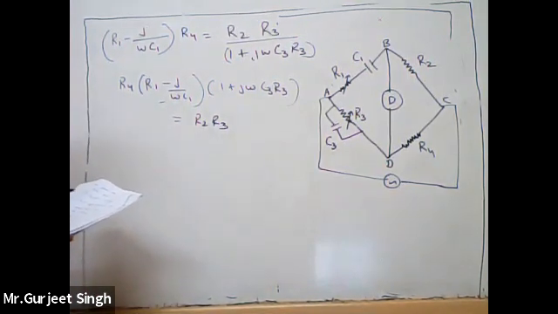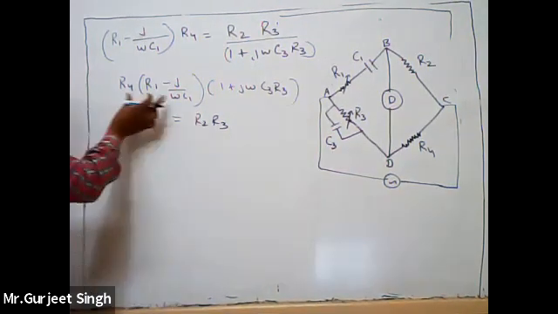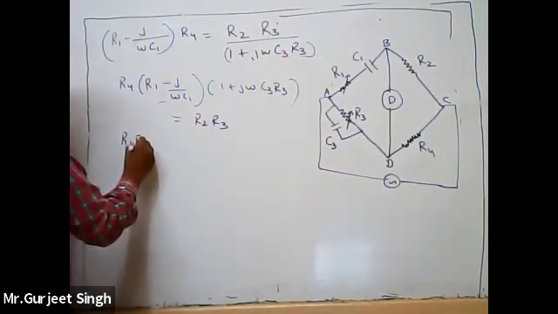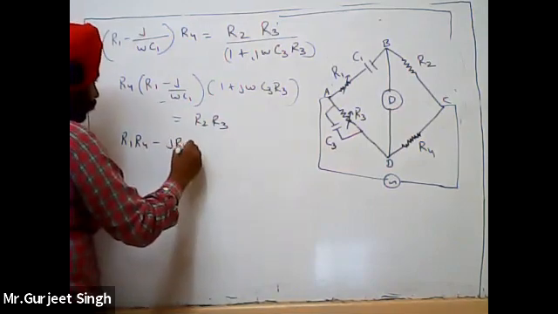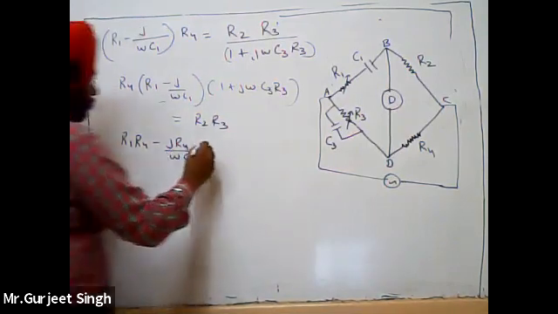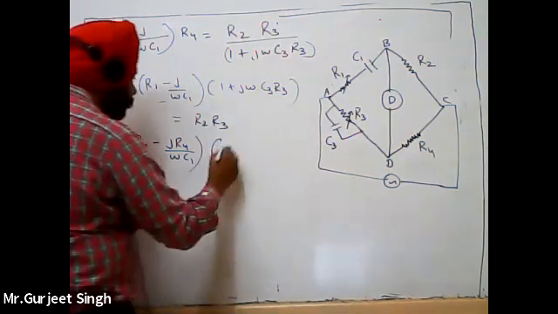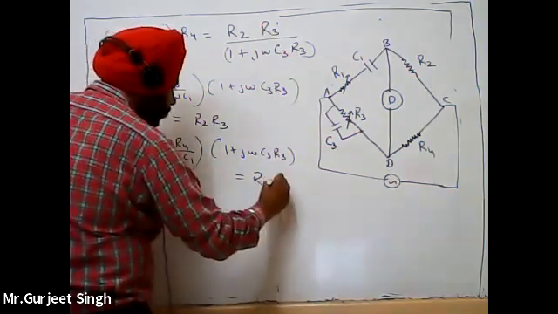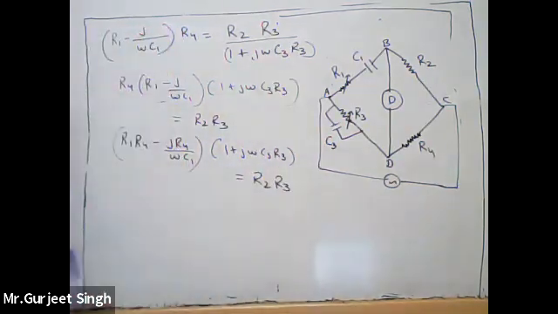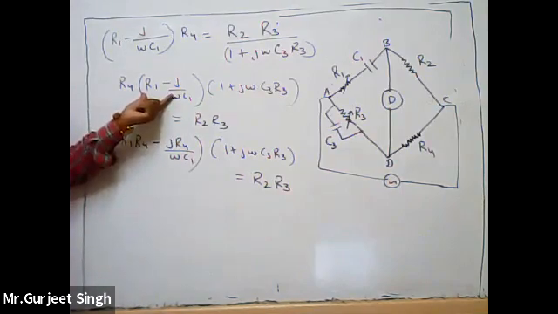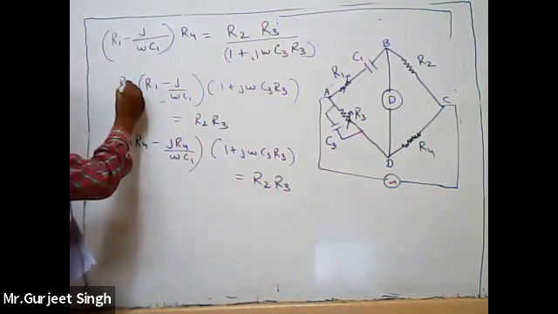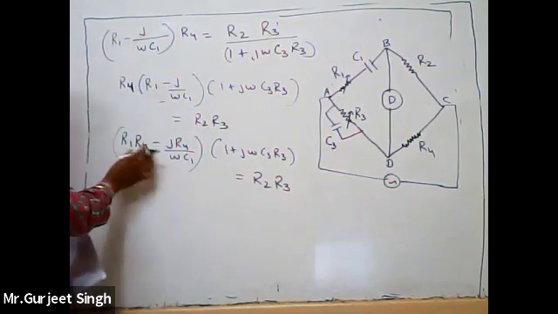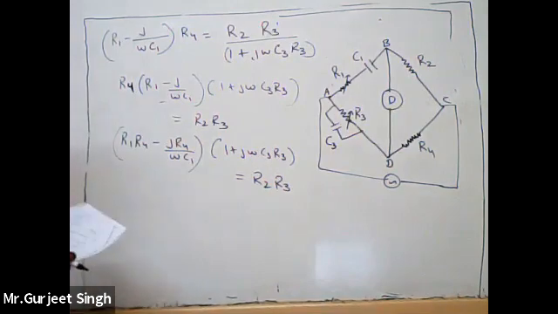Now students, you will solve this equation part. We have R1 R4 minus j R4 omega C1, multiplied by 1 plus j omega C3 R3, is equal to R2 R3. Here we multiplied R4 inside the bracket, giving R1 R4 minus j omega R4 C1.